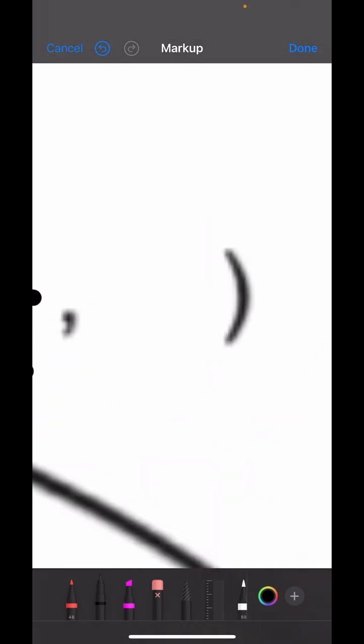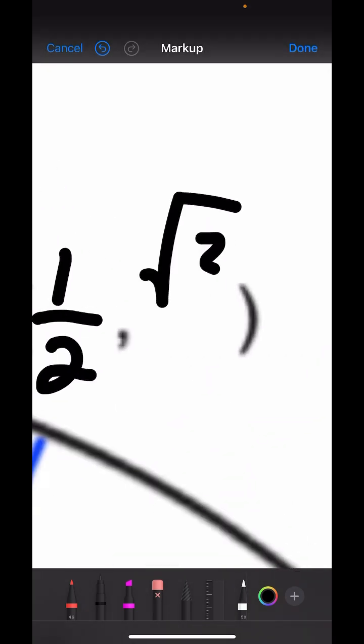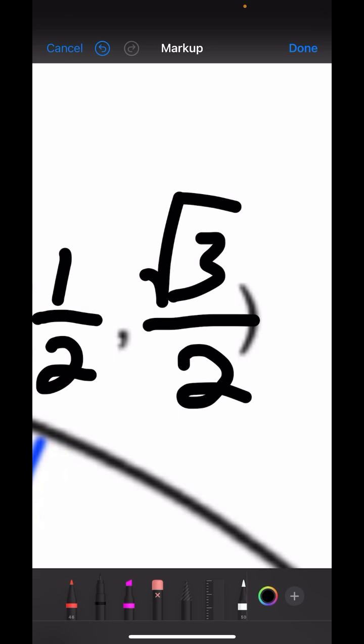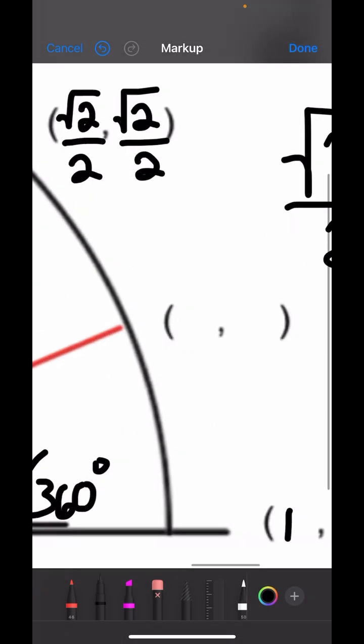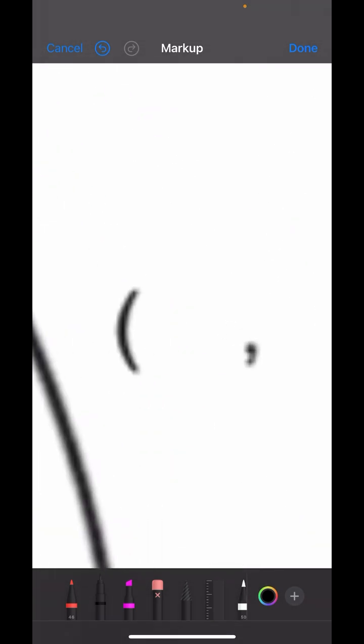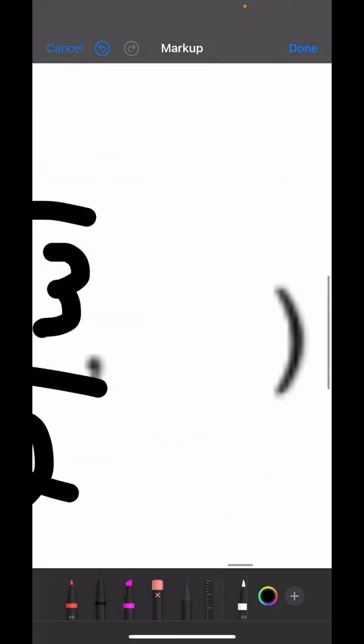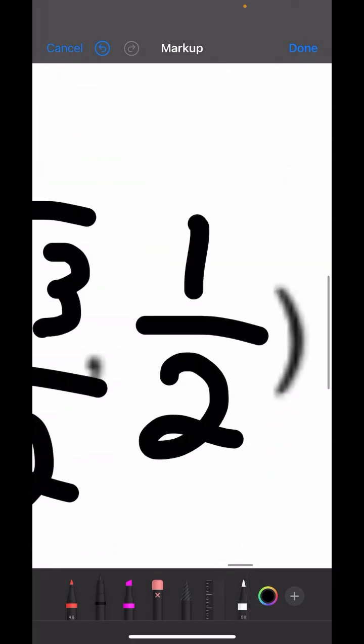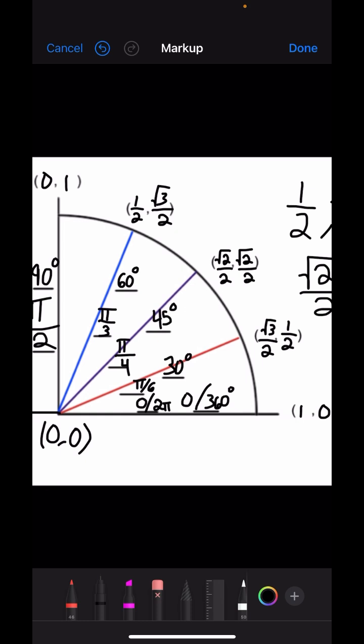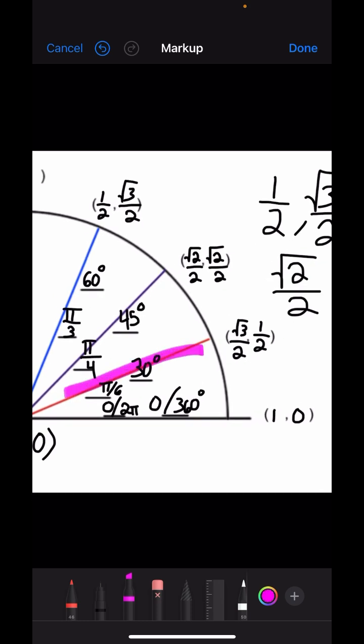My bad, sorry. So square root 3 over 2 comes second here, and then square root 3 over 2 is the first one here, followed by 1/2. So you kind of just have to remember which one goes with which, but know that for 30 degrees and 60 degrees, you're going to have 1/2 and square root 3 over 2.